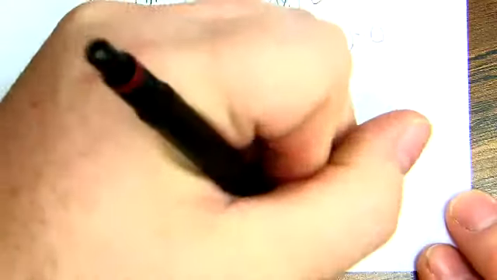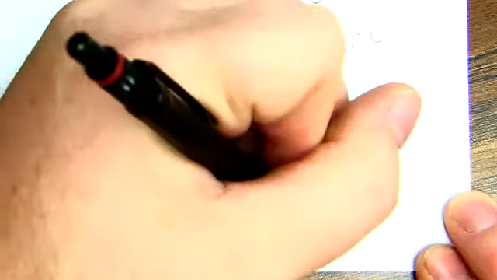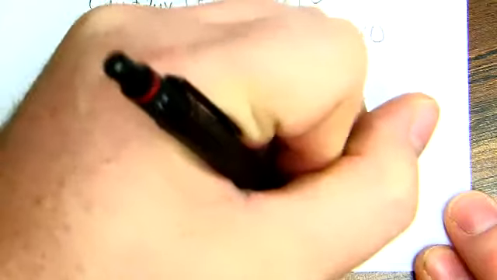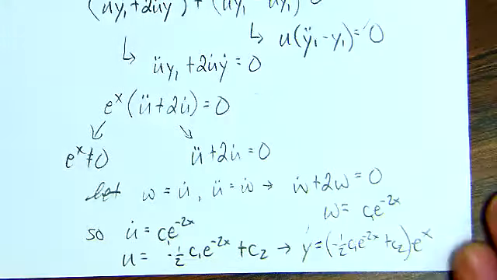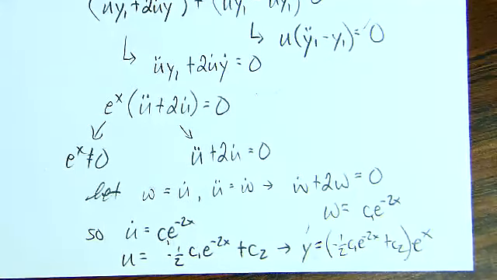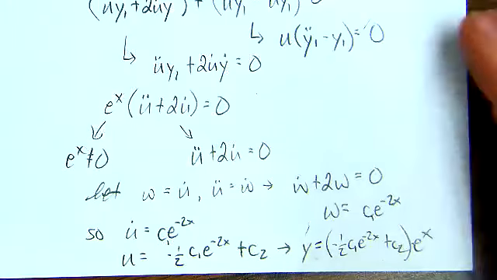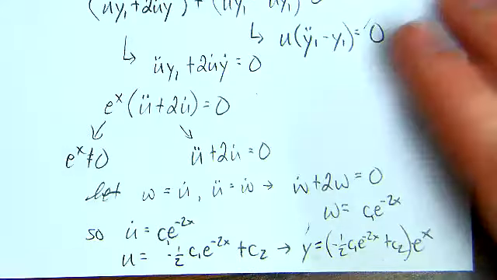So y then is u, negative 1/2 c1 e to the negative 2x plus c2, times y1, which was e to the x. I'm running out of room on this page, so let's flip it over and continue.